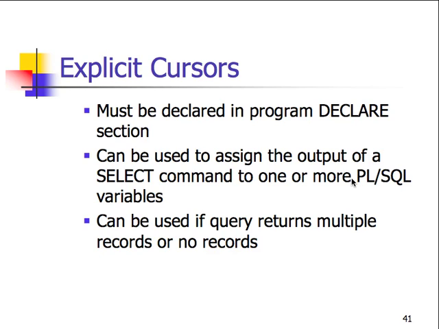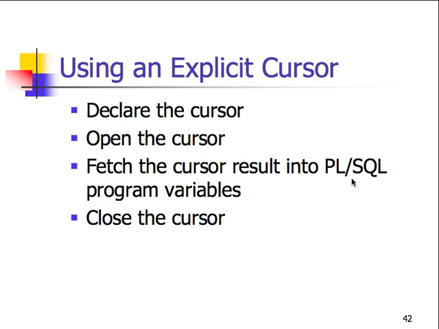So using an explicit cursor, in the declare we declare the cursor, we open the cursor, we fetch the cursor results into the PL/SQL program variable, then we close the cursor, which is sort of the manual way of doing what Oracle does for us automatically. So we say, there's going to be a cursor, here it is, it's going to be called cursor 1, open it up, run a query, put the results in cursor 1, and we can use cursor 1.